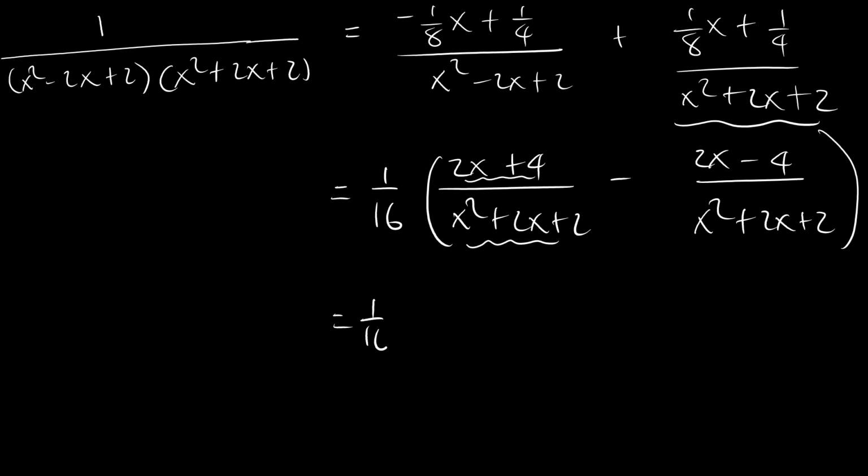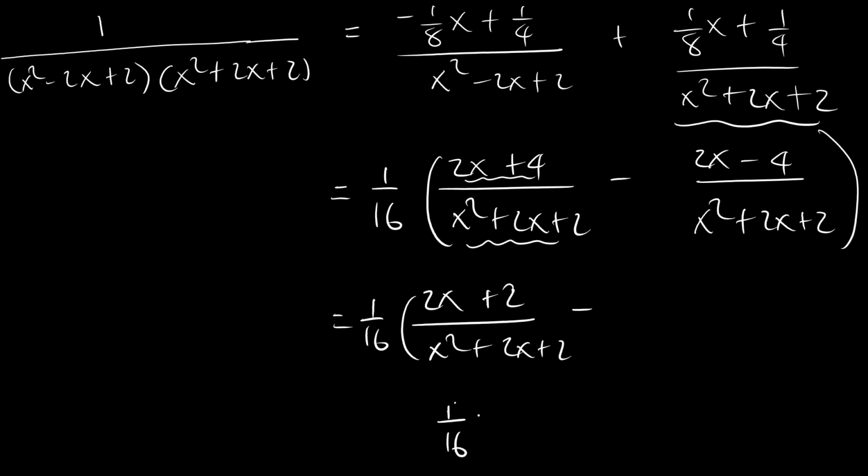So I'll have 1 over 16 times 2x plus 2 over x squared plus 2x plus 2, and then I will write 1 over 16 times, there's a remaining 2 there, so I have x squared plus 2x plus 2.